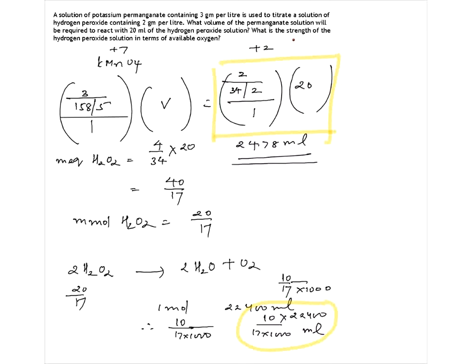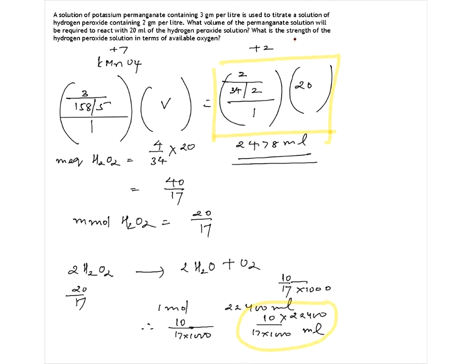Before this part, it is the usual approach in titration that you just say that the equivalents are same. If you are titrating acid with base, or potassium permanganate with hydrogen peroxide, you just say the equivalents are same after looking into the limiting reactant point.